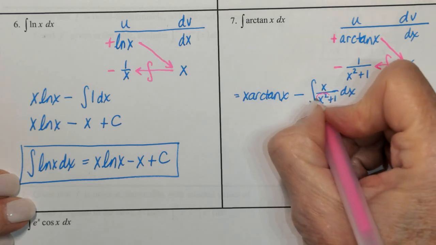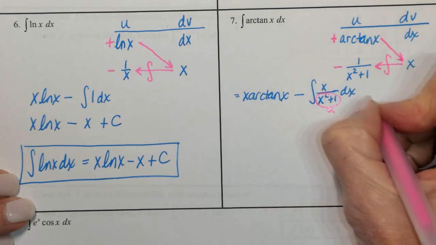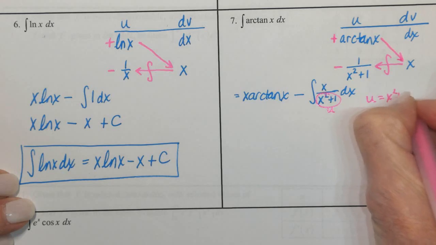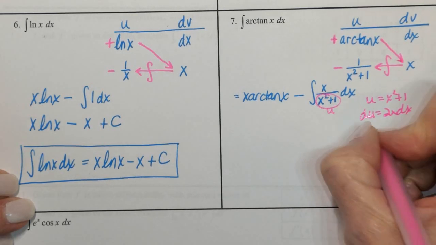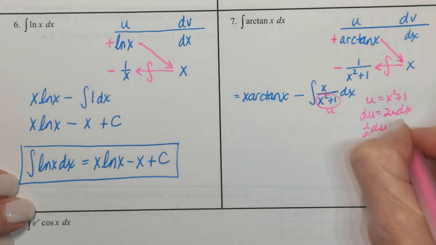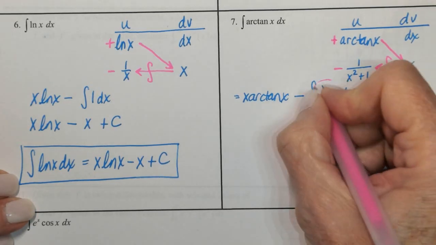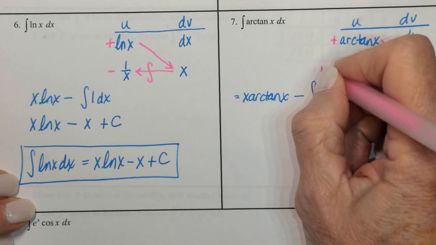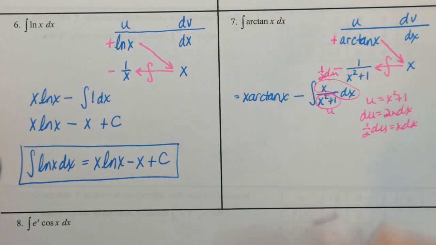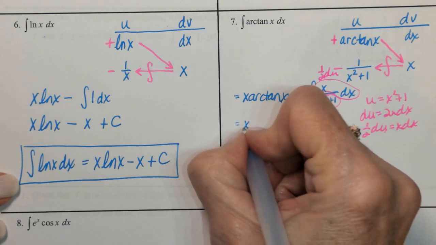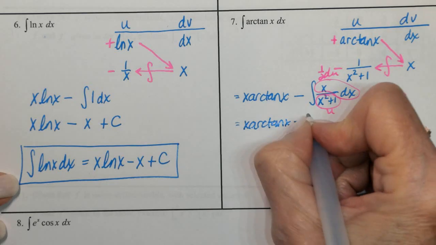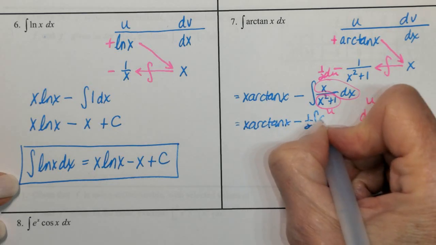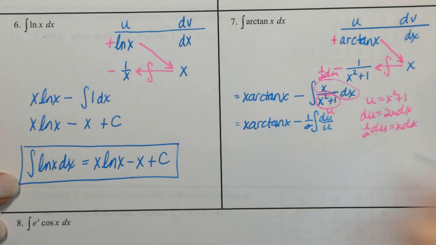I'm going to u sub the bottom. U is x squared plus 1. du is 2x dx, 1/2 du is x dx. That is up on top here, so 1/2 du goes in for that. And I get x arctan x minus 1/2 du over u, and that's an ln.